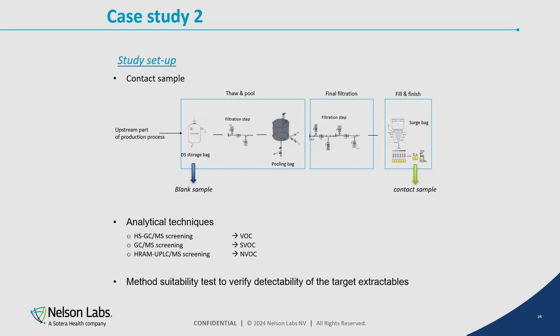So our contact sample is the sample in the container, and the blank sample was sampled right downstream from the drug substance storage bag. The analytical techniques that we included were the 3 organic analytical techniques that we use, and we also included a method suitability test to verify the detectability of the target extractables.